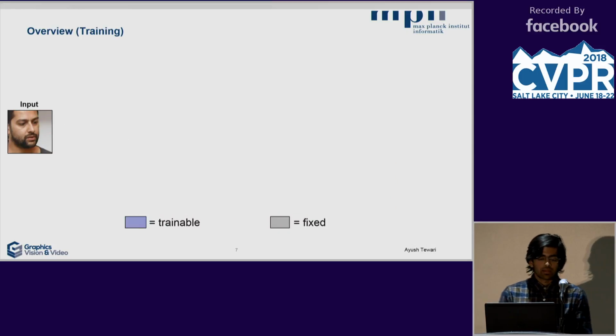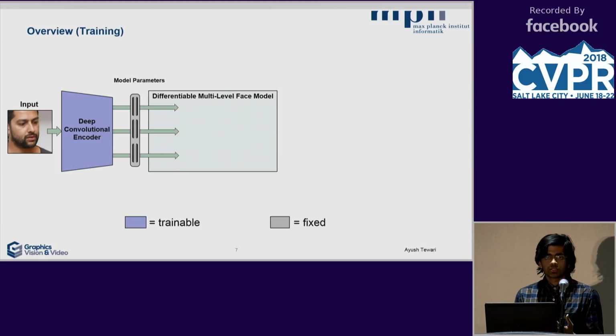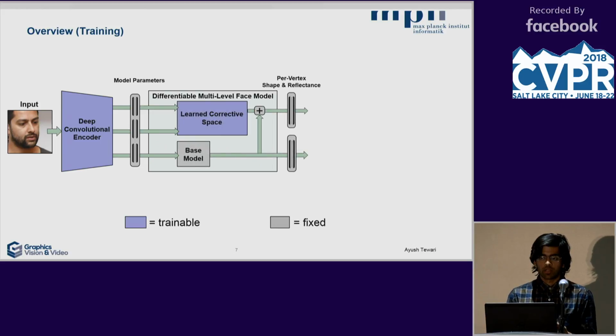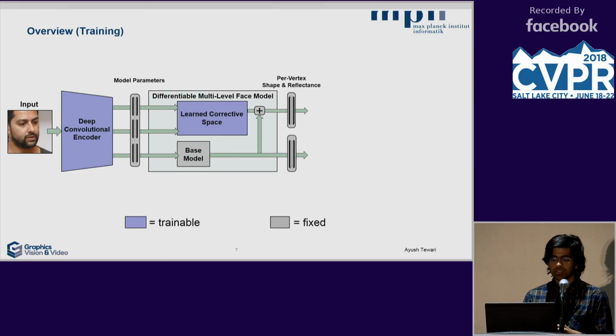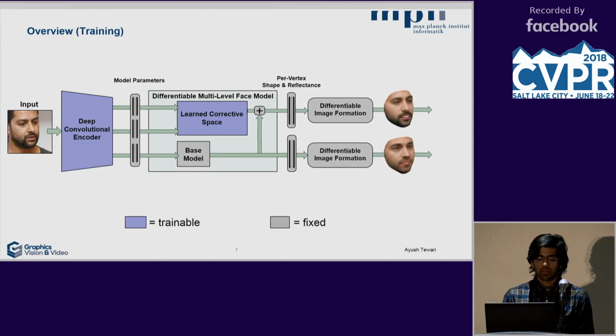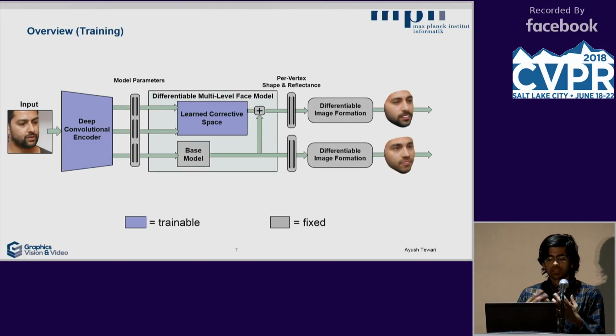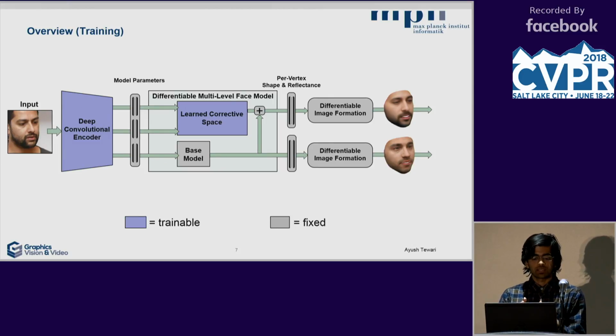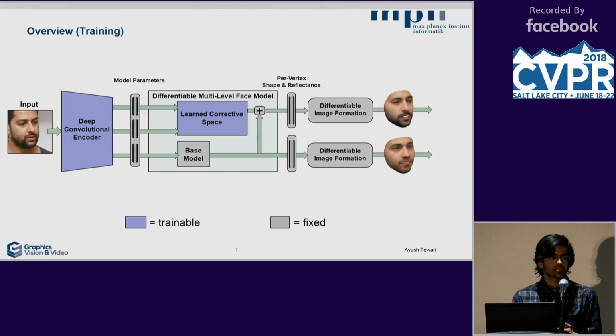Let's look at the pipeline of our approach. At training time, our network receives monocular input images. We then have a convolutional encoder which transforms these images into parameters of our face model. The model, as I described before, gives us the reconstructions at two different levels, the base level and the final level. Once we have these reconstructions, we have image formation layers, which project these reconstructions to the image plane and give us a synthetic image.